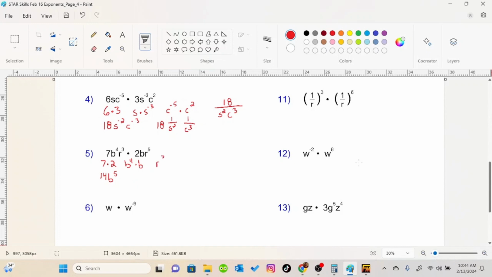And r cubed times r to the 5th. 3 plus 5 equals 8. So our final answer is 14 b to the 5th power r to the 8th power.